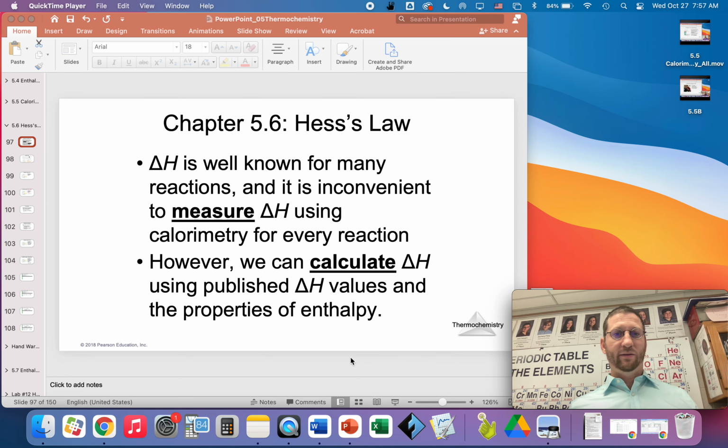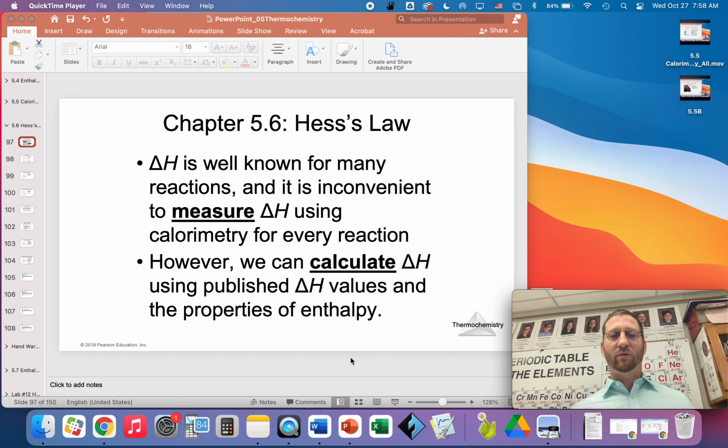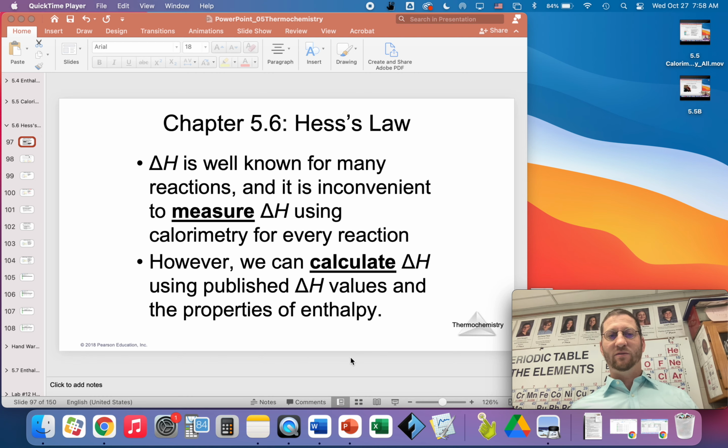So what we're going to do is take a look at delta H values for reactions where it might be hard to measure delta H. But if we can look at delta H values for reactions that we can easily figure out, maybe with calorimetry, just like we did in the last section, and somehow combine those reactions with their known delta H values in a certain way so that we still get the reaction we're hoping for, that would allow us to calculate the delta H values.